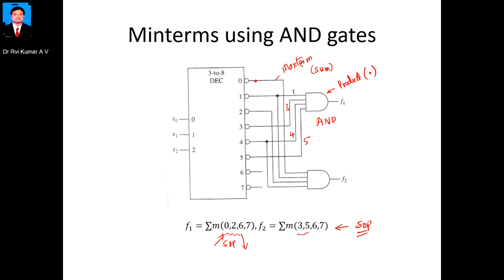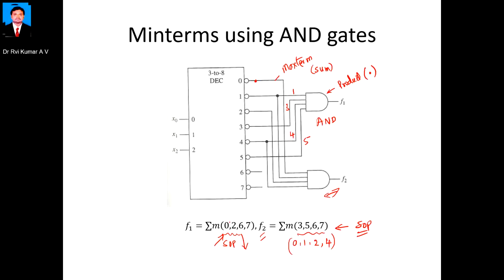Similarly, for 3 5 6 7, I will take the remaining terms 0 1 2 and 4 to implement f2, using the AND gate.